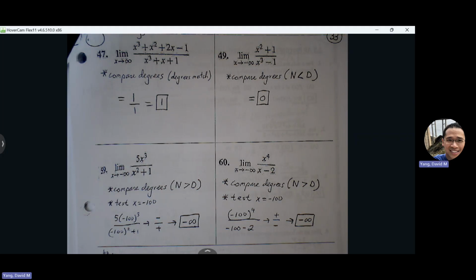Again, you're only plugging in either 100 or negative 100 if you realize after comparing your degrees that your numerator has higher degree than your denominator. That's the only time that you're going to have to decide between plus or minus infinity, and then you can test either 100 or negative 100, depending on which direction the graph is headed.